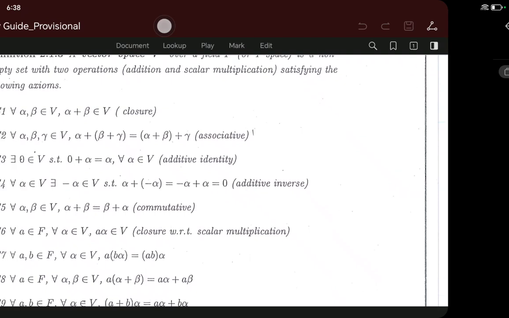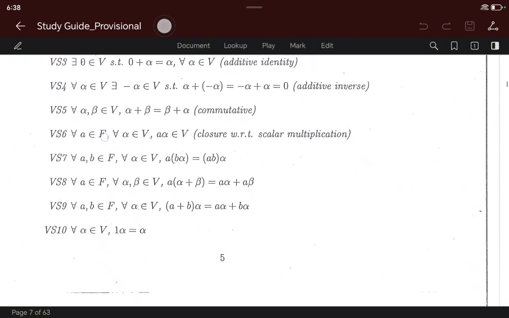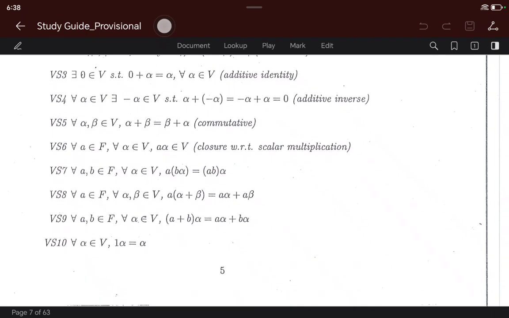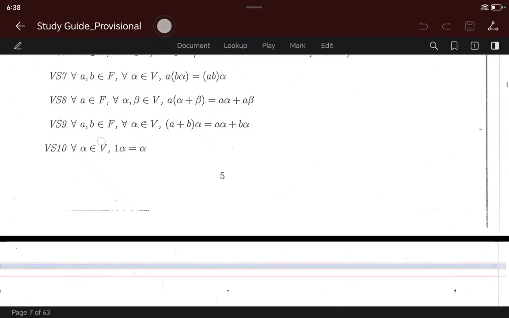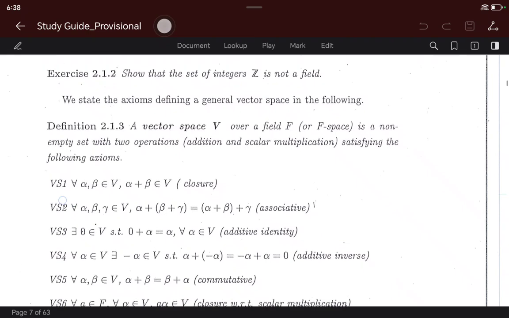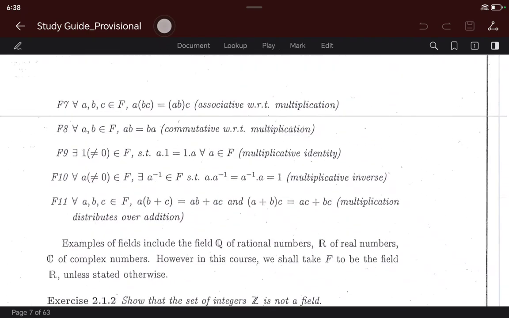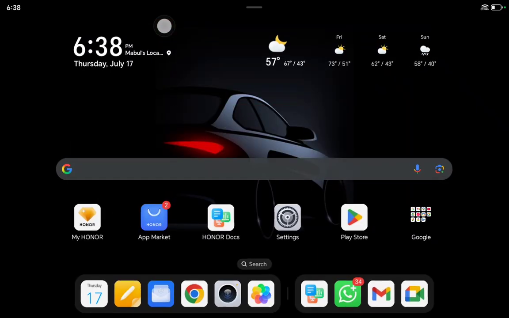I think it's this property here. Let's see which property is this one. Let me check it on the other side.